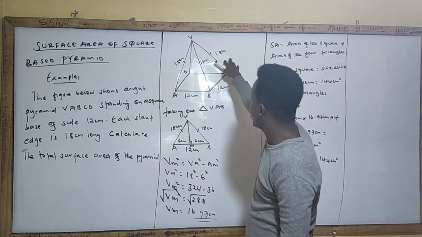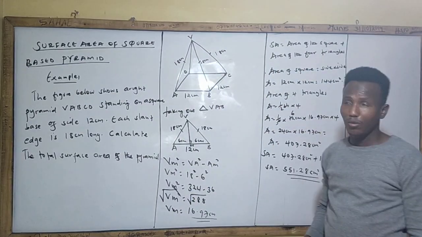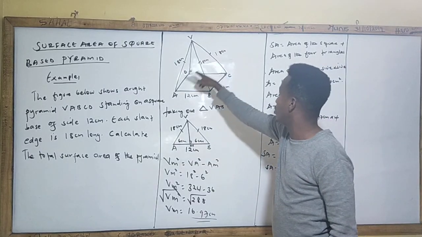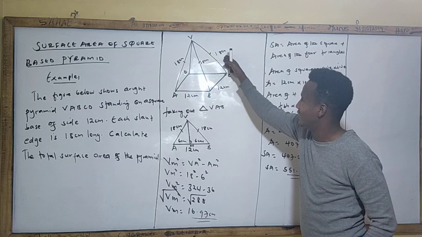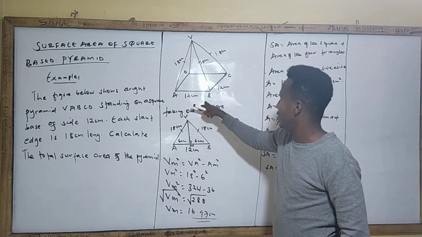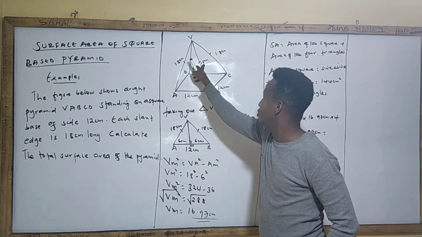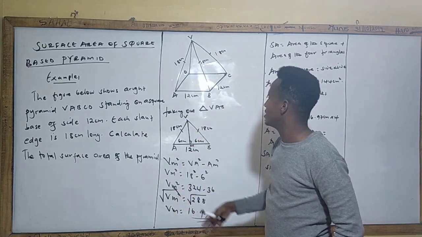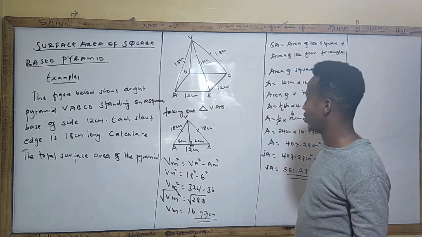In such a situation where you have the slant heights and a square base, it's very easy. Take one of these triangles and get the true height, because these are the slant heights: 18, 18, 18, 12. If you take VAB, it's isosceles because VP is 18 and VA is also 18 centimeters, and your base AB is 12 centimeters.